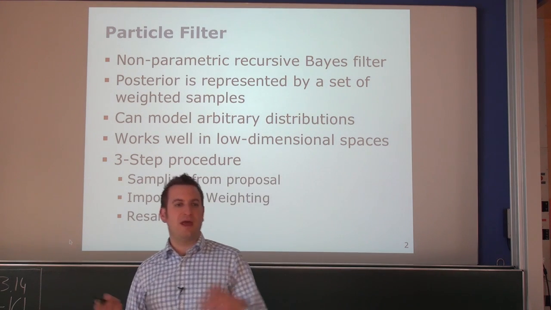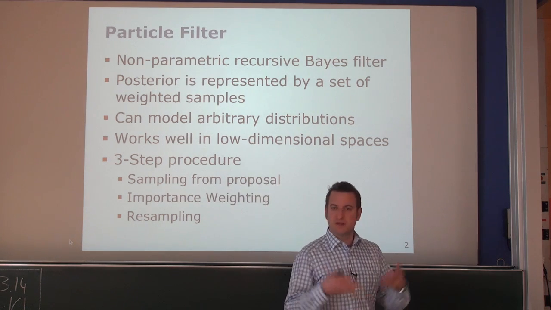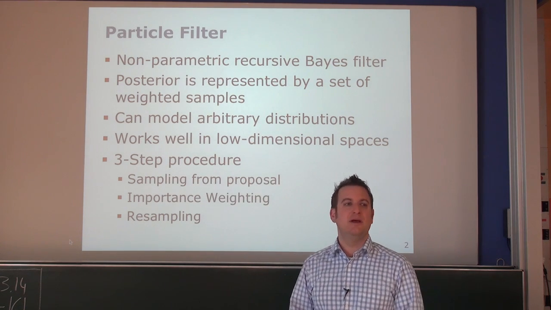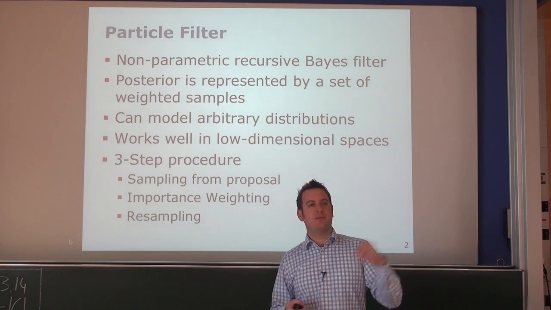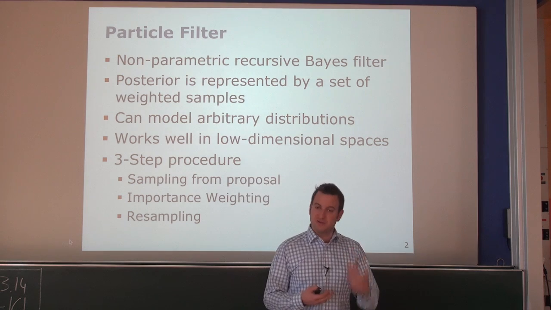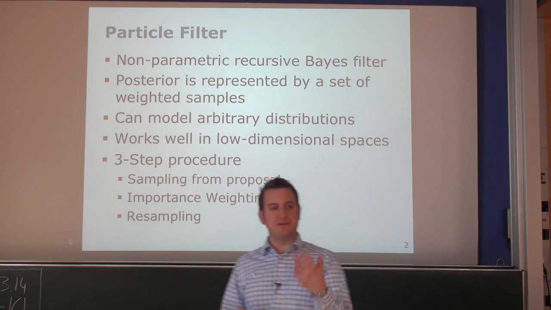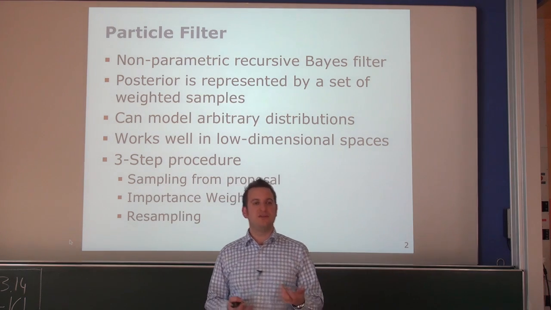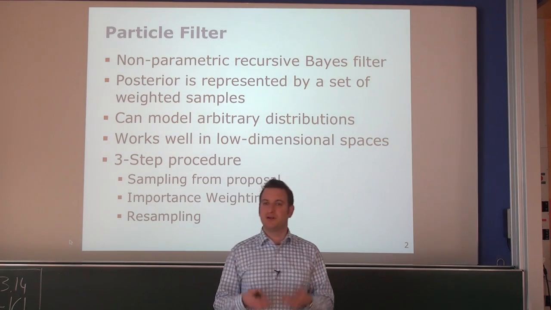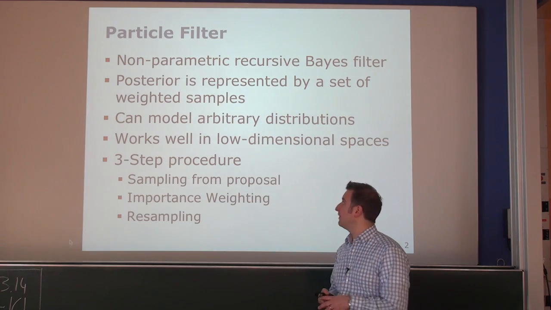That means I don't have a parametric form, like a Gaussian distribution, for example, which I use to represent my probability distribution. But I use samples, or weighted samples, and the number of samples that fall into a region of the state space is proportional to the probability of that area. That's the key idea behind that.